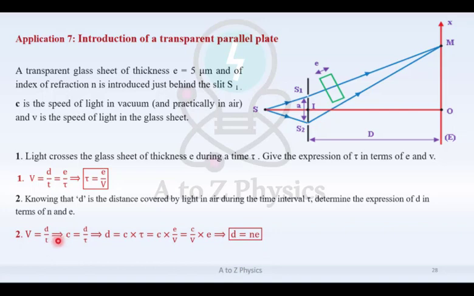The speed of light in the air or in vacuum is c, so c equals d over tau, d equals c times tau, and the expression of tau is obtained in part 1, tau equals e over v. Finally, we obtain that d equals c over v times e, and c over v is equal to n, the index of refraction, so d equals n e.